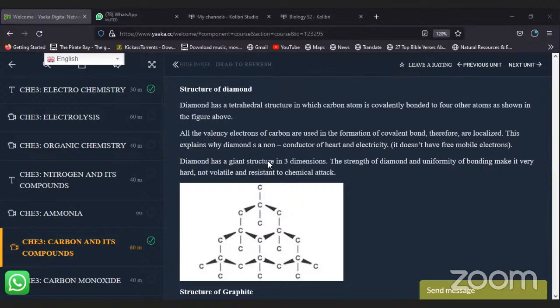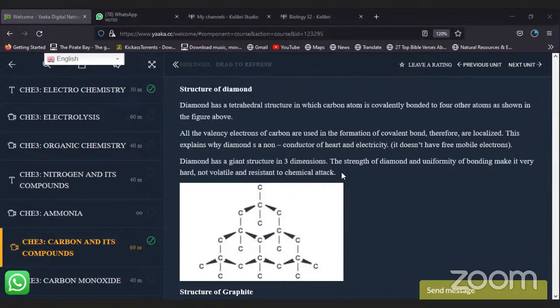Diamond has a giant structure in 3 dimensions. The strength of diamond and uniformity of bonding make it very hard, not volatile, and resistant to chemical attack. So diamond is not volatile, meaning it cannot just vaporize out of nowhere. It is resistant to chemical attack.